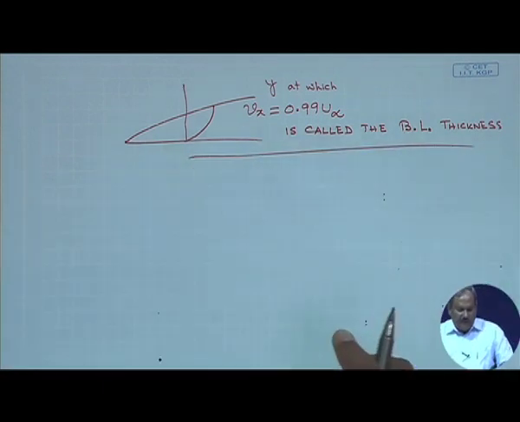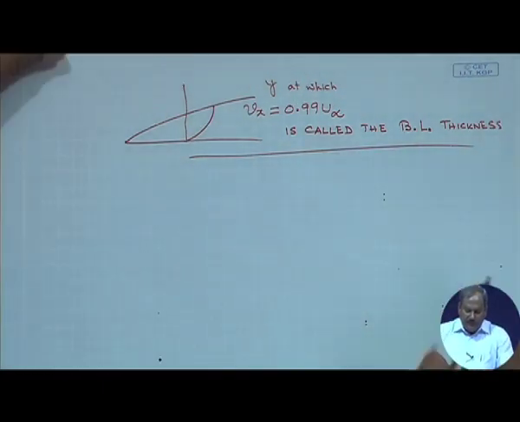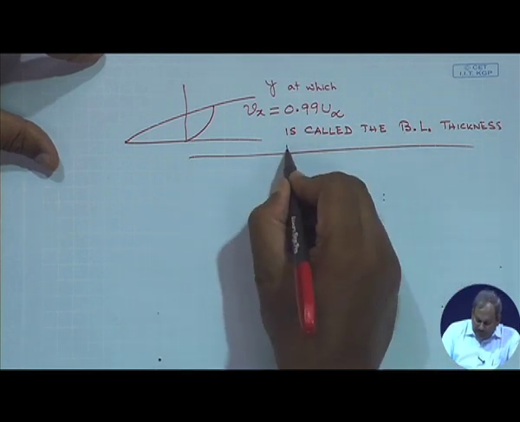This is the standard definition of boundary layer thickness. Sometimes it is also called the disturbance thickness.